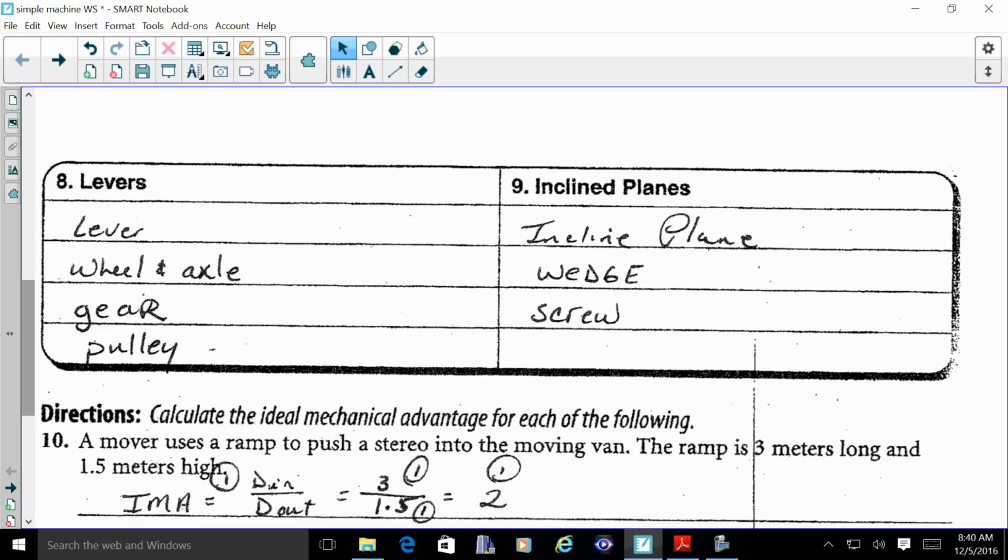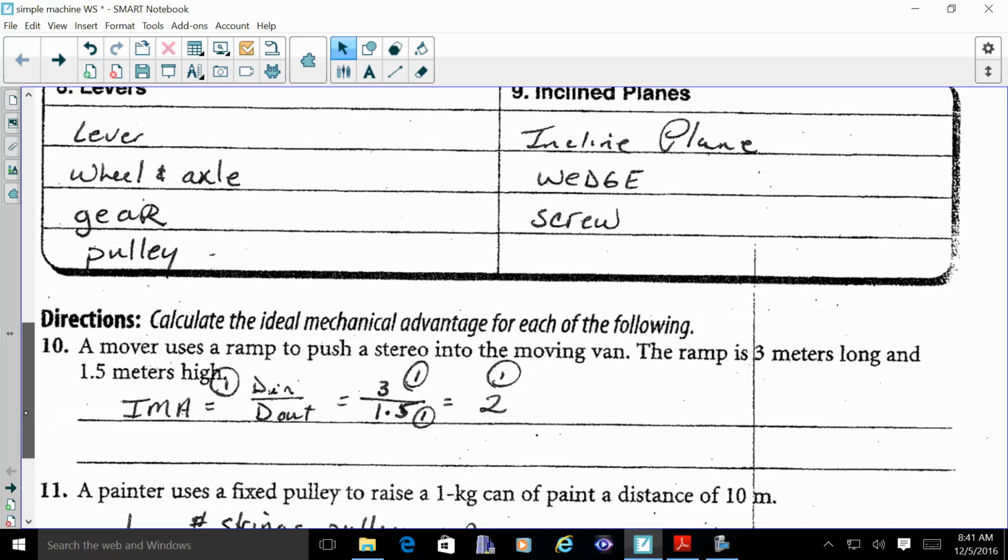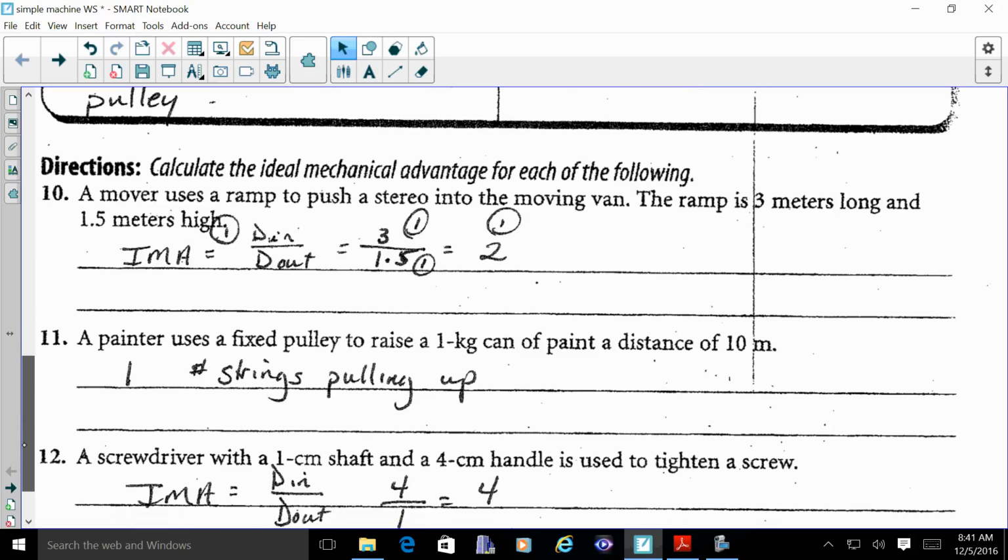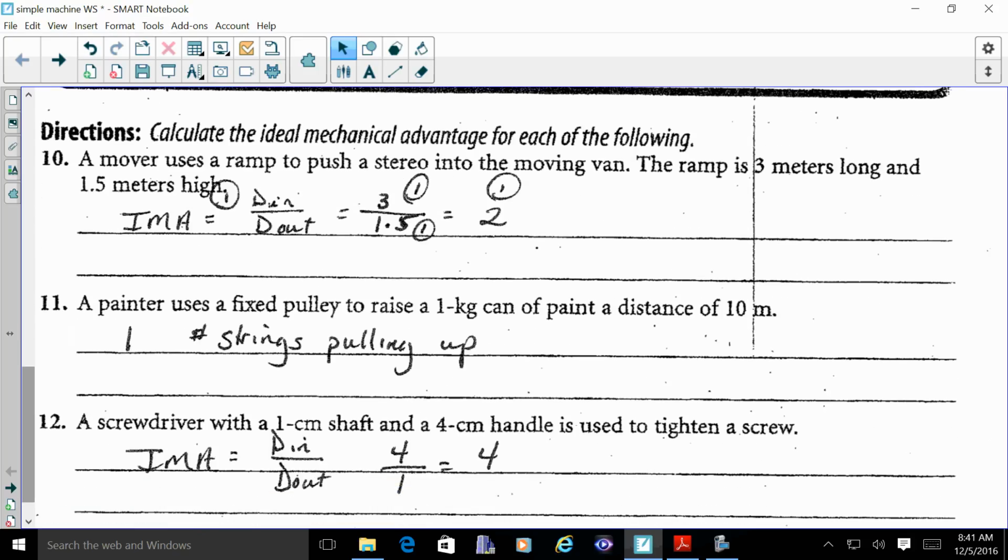Now, if you come down here, we discuss the ideal mechanical advantage. If you remember, as a demonstration of an inclined plane, I had this ramp in class that looked like this. Let's just say that the actual height that you went up was 1 meter, but the actual ramp itself was 2 meters.